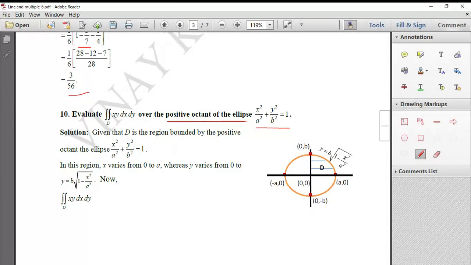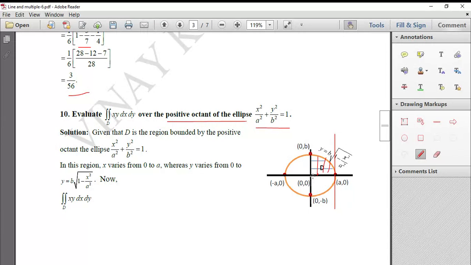Now what they are saying is that we have to find this in the first quadrant, right? That is, only in this quadrant. In this quadrant, see, this line is x equal to 0 and this line is x equal to a.